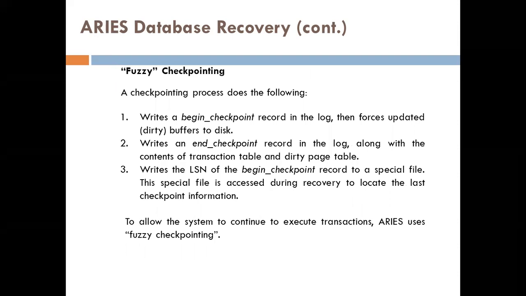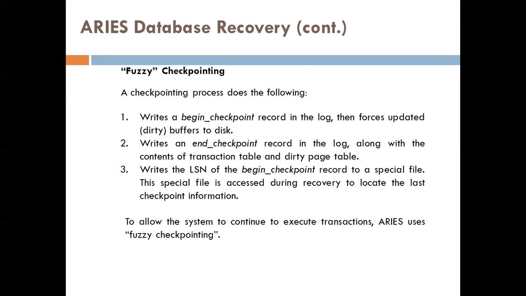Fuzzy checkpointing. A checkpointing process performs certain operations. It writes a begin checkpoint record in the log and forces updated buffers to disk. Then when the checkpointing ends, an end checkpoint record is also written in the log along with the contents of the transaction table and the dirty page table.